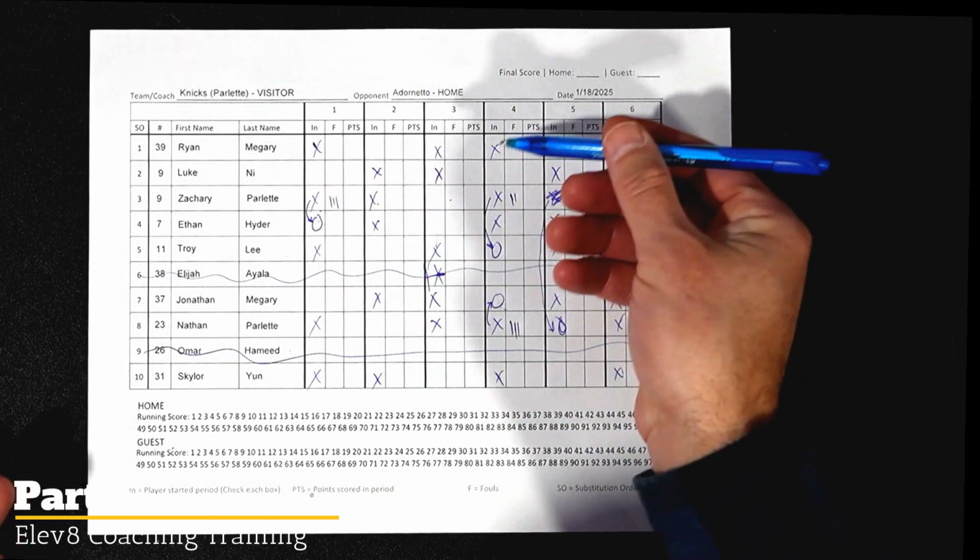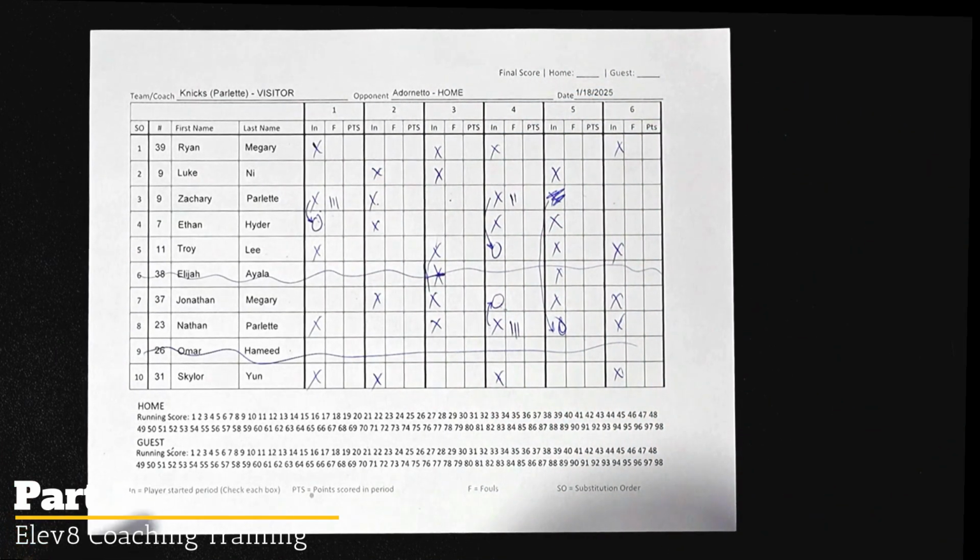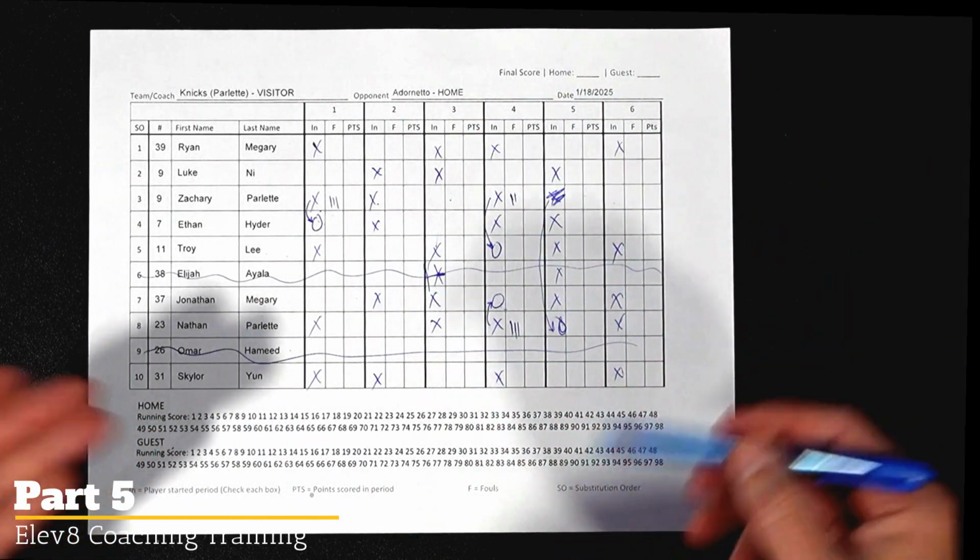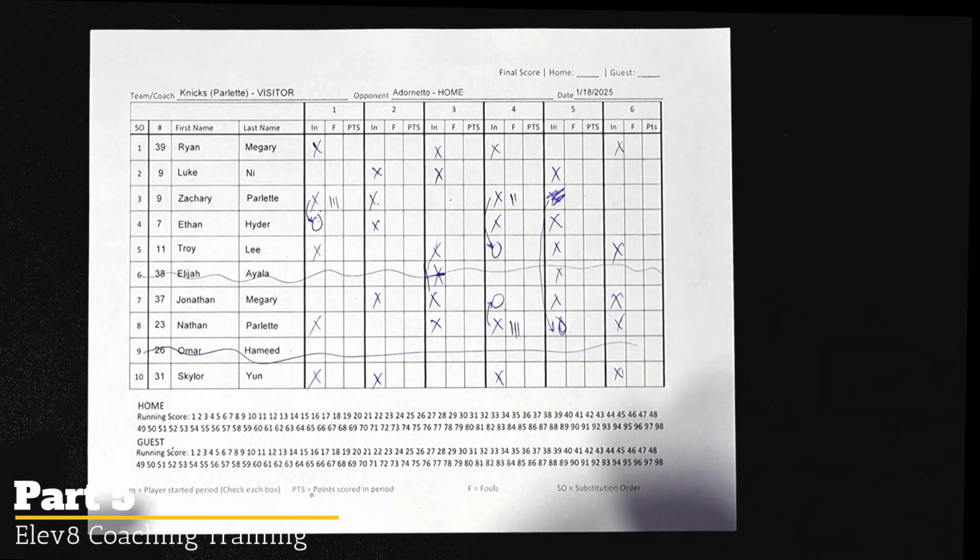I just can't pick my best player every time to play the extra period. I'm mixing it up period to period of who's getting those extra periods. It'll work out, and so it all works out.